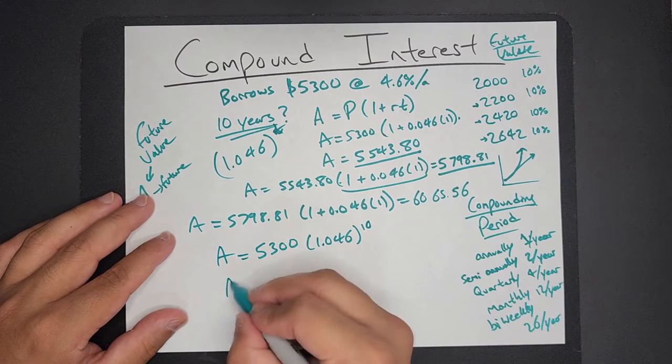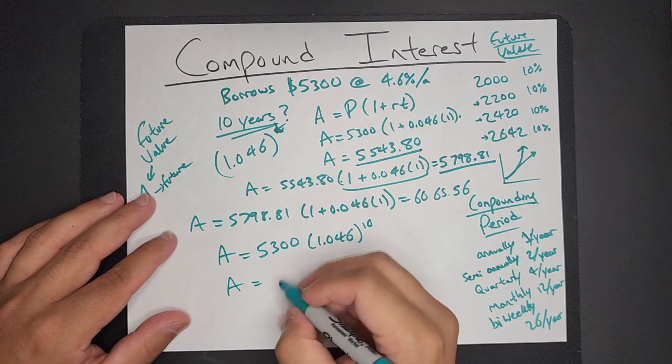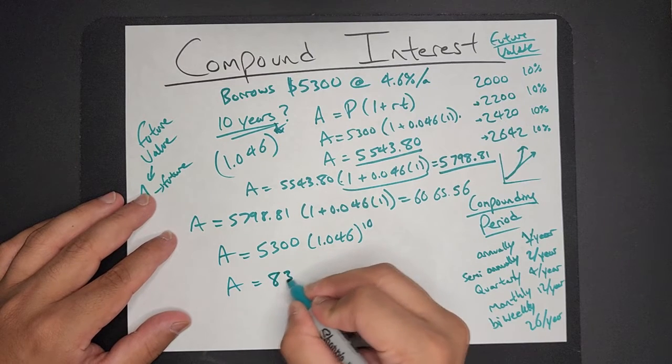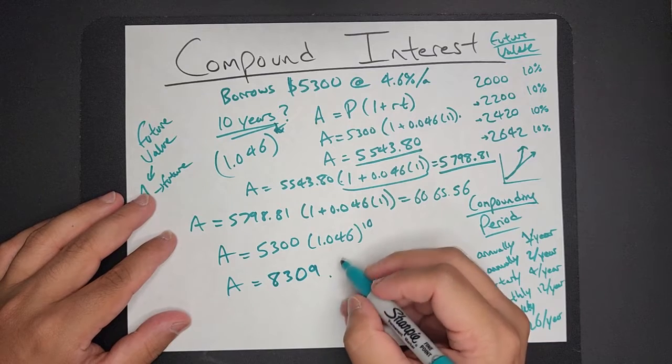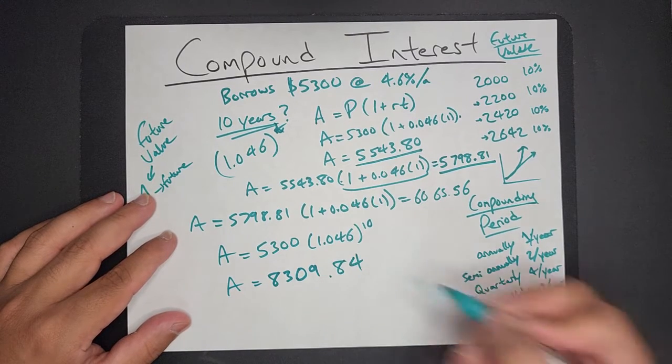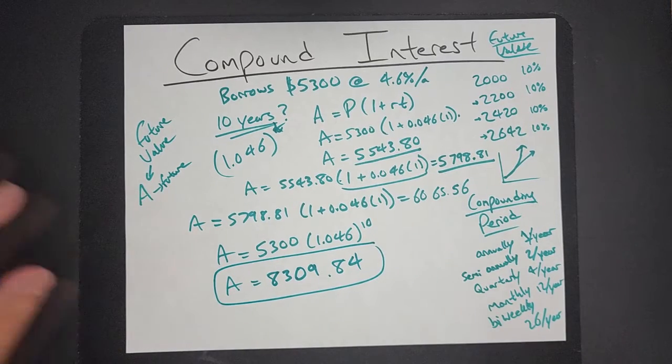And guess what? That'll give me the exact number I'm looking for, 8309.84. After 10 years on this loan, you would have to pay that much back.